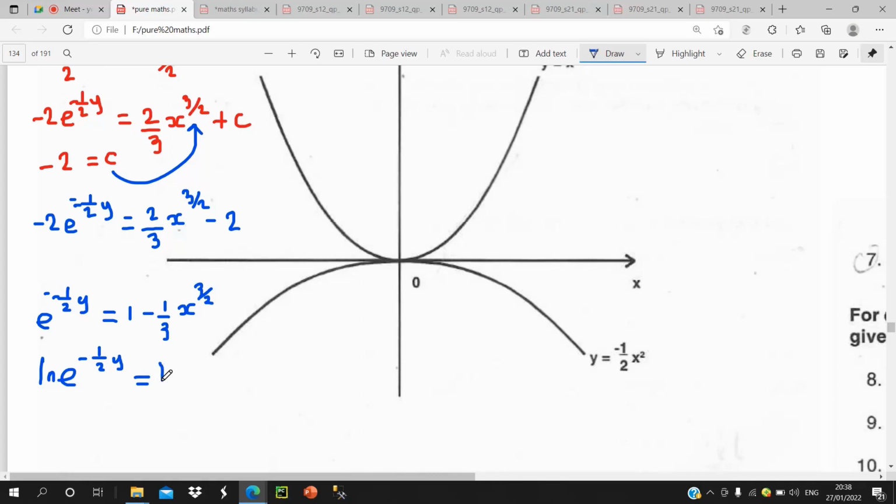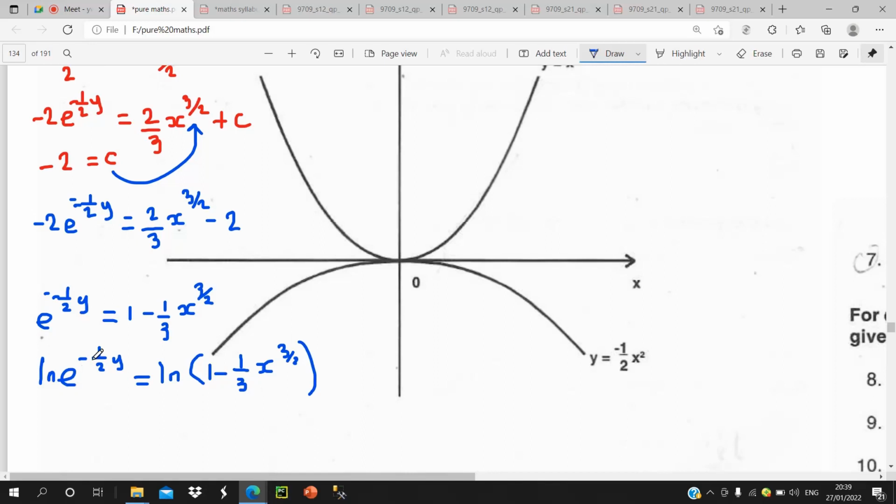So to your right, it will be ln of everything: ln of 1 minus a third x to the power of 3 over 2. Are we together on this one? Yes. So don't introduce it saying ln 1 minus ln of this. No, you introduce the ln of everything that you have here. Yes?